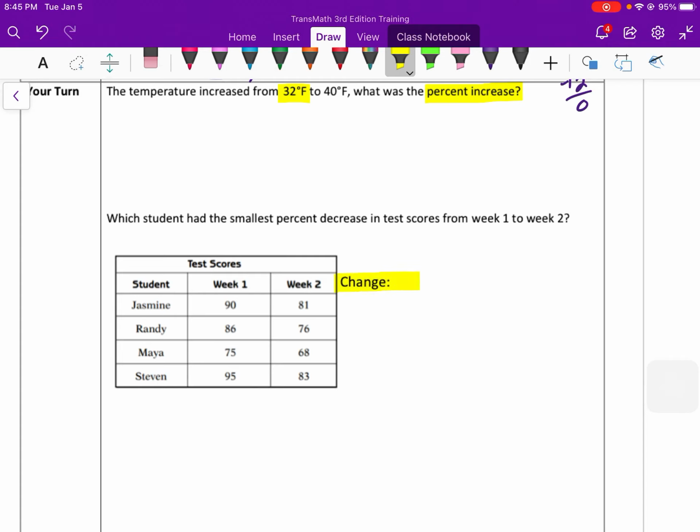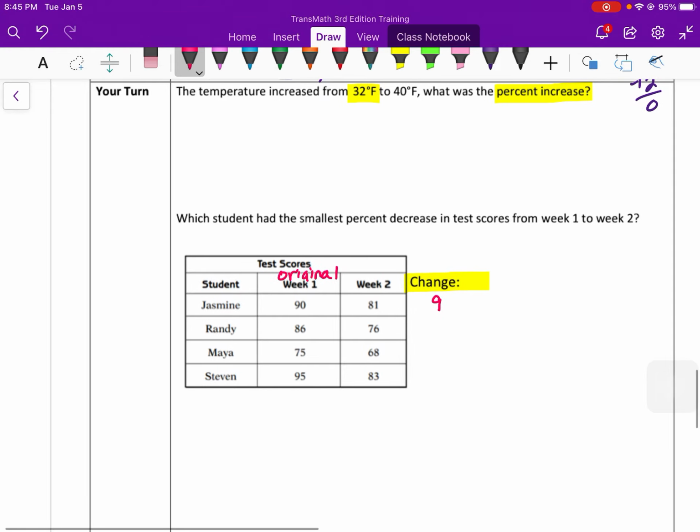So start by finding the change in each student's score, and then use week 1 as the original and use the change. So subtract them to find the change. So like Jasmine went from 90, then her score was 81, so hers changed by 9. And you can use the is over of as percent over 100, or change over original is percent over 100.